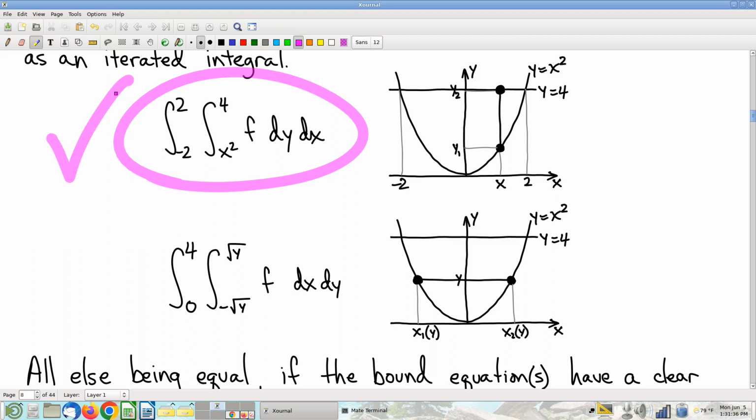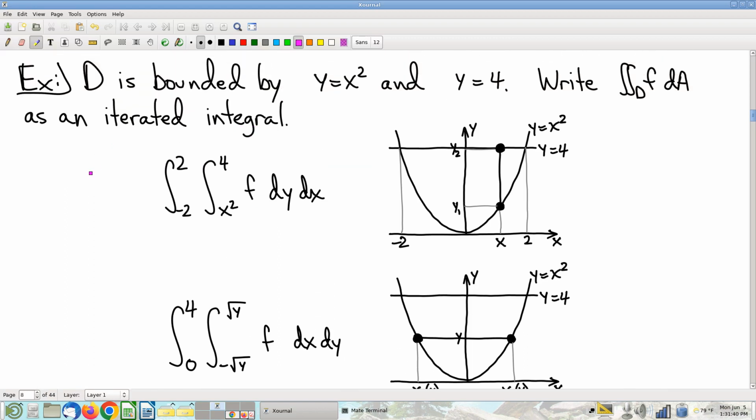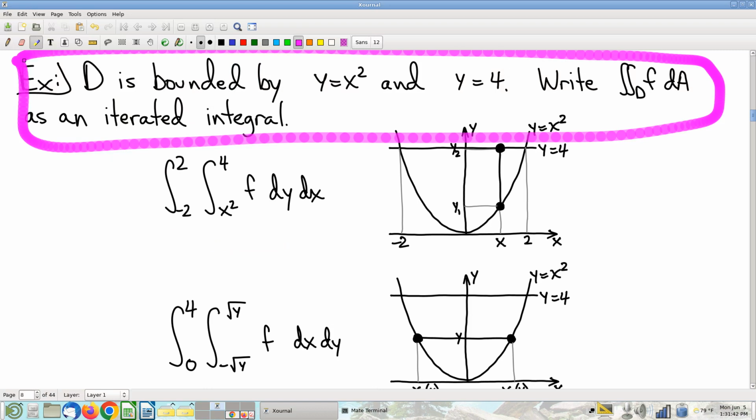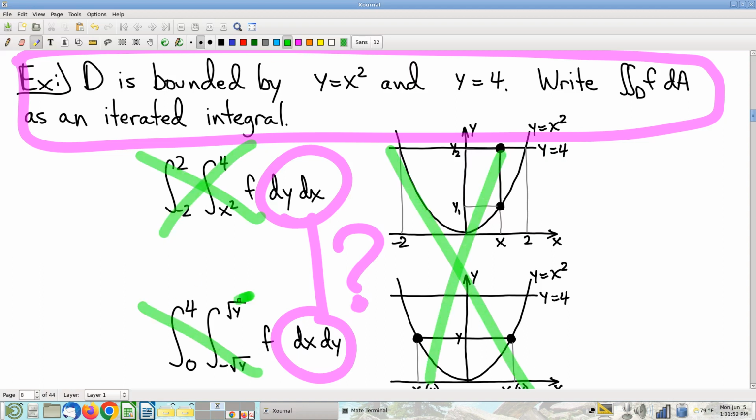So how do you decide, right? Before we get into it at all, what is it about the statement of the question here that will tell you which one of these should I do, before you've done all the slicing and before you've figured out what those bounds are, just looking at the purple only. How do you decide between dy dx and dx dy?